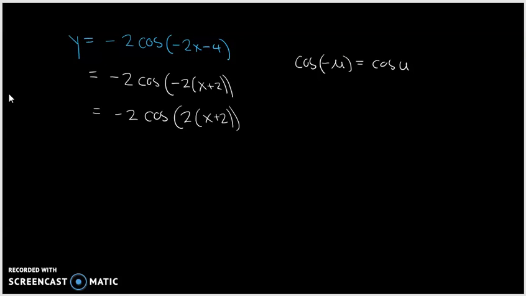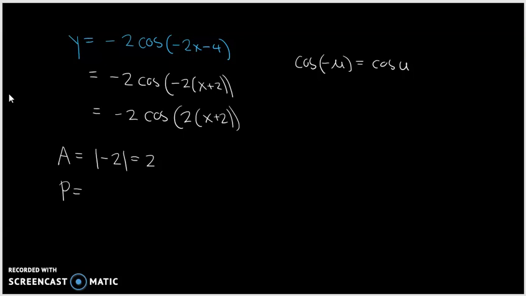Then let's look at the amplitude and period. The amplitude is the coefficient of the cosine, which is the absolute value of -2, which equals 2. The period of cosine is 2 pi divided by b, the coefficient of x.